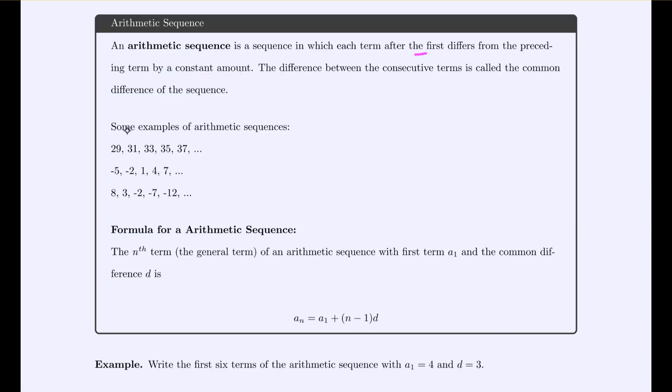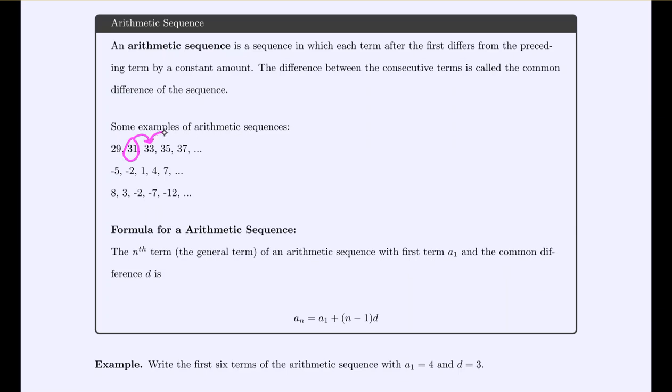So what that means is if we start here on our first term of the sequence at 29, if this is an arithmetic sequence, then each next term differs by a constant amount. So if we think about it, how would you get from 29 to 31? Well, you would add 2. And notice this pattern is preserved. To go from 31 to 33, do you see that we also add 2?